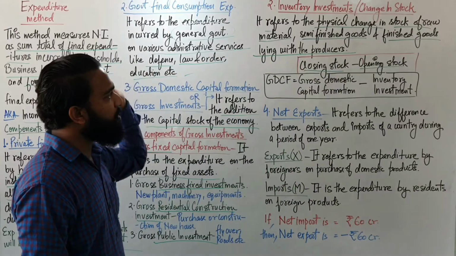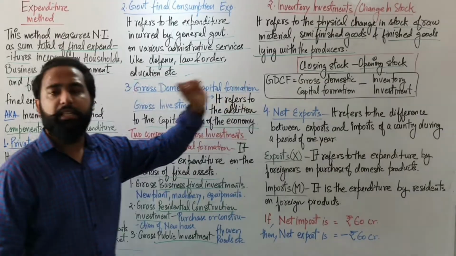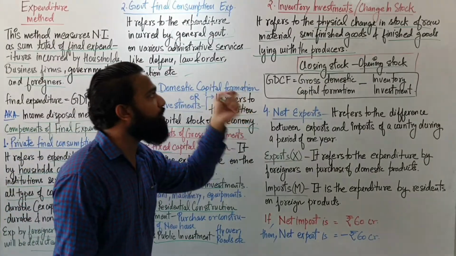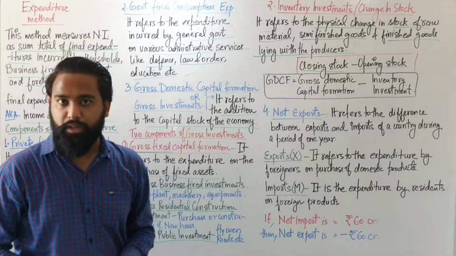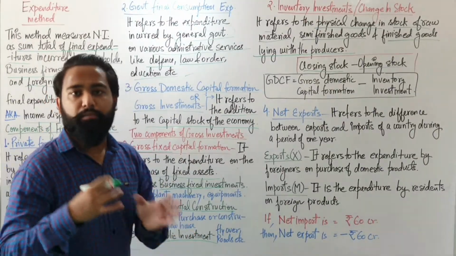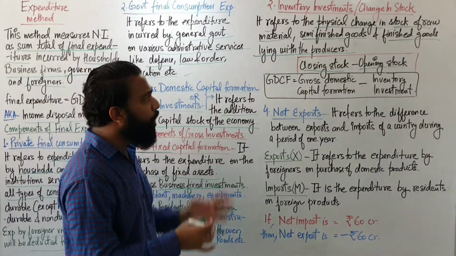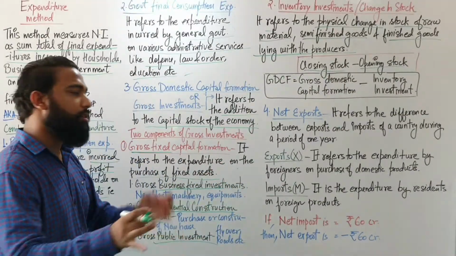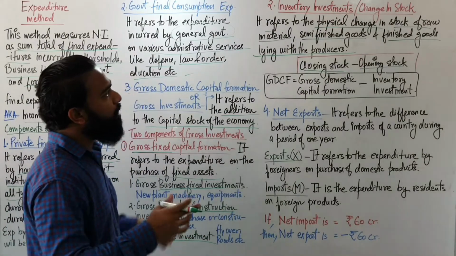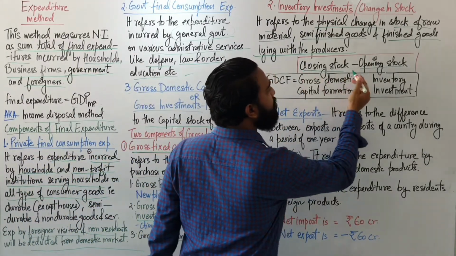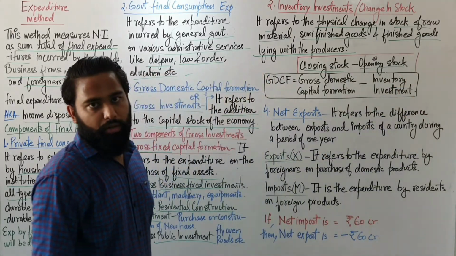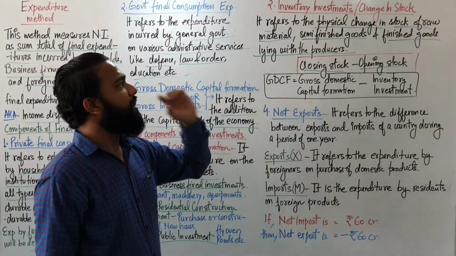So the change in stock of raw materials, semi-finished goods and finished goods lying with the producers is the inventory investment. Now, how to calculate change in stock? We calculate change in stock by closing stock minus opening stock. Is that clear?